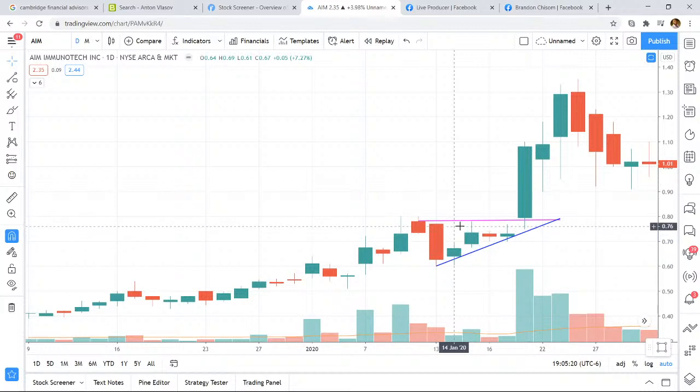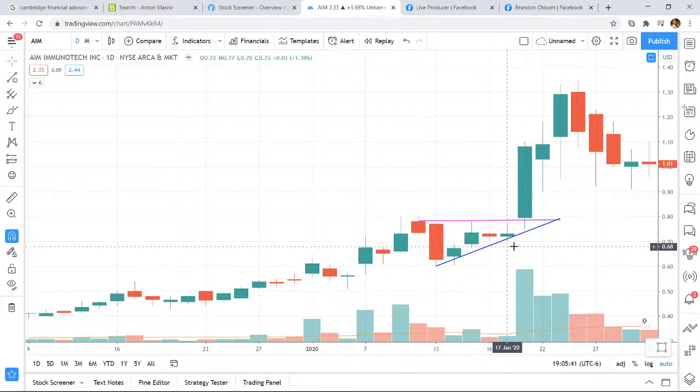Now, the thing that you want to look for in this pattern is you want to see that the lows of the pattern are getting higher. So see, this low was at 61 cents, then this low was at 68 cents, then this low was at 70 cents, and you had a low here of 70 cents, basically telling you that the buyers are not letting the stock drop below a certain point every day.